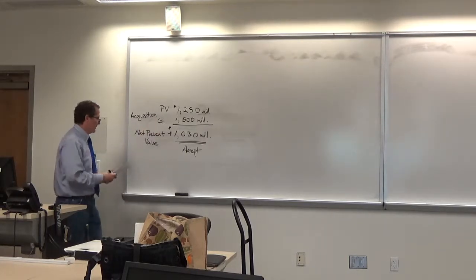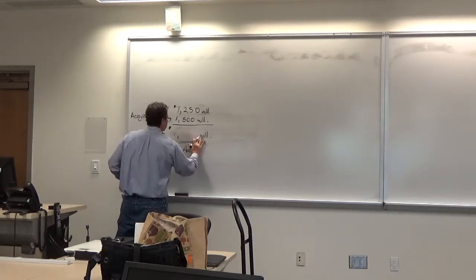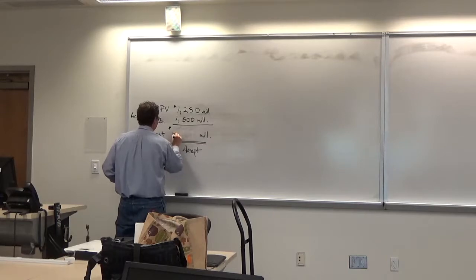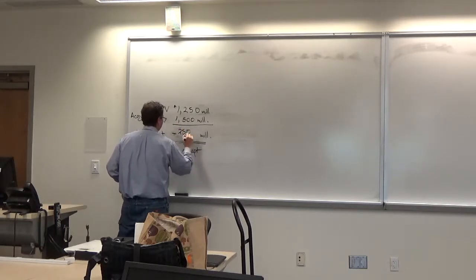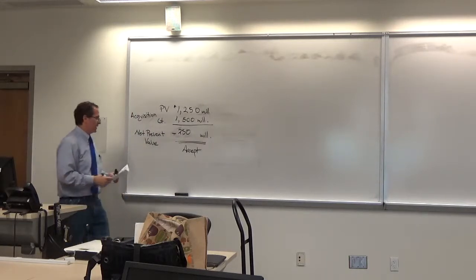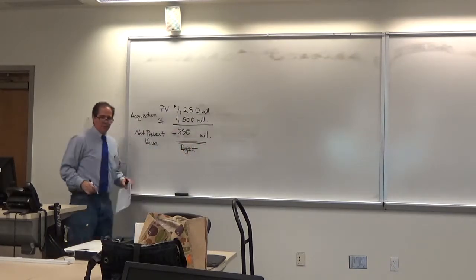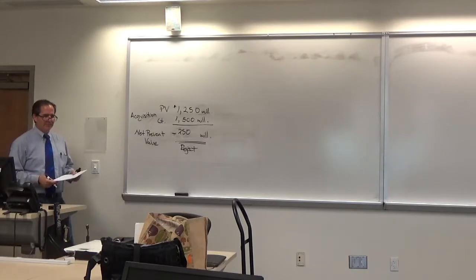So what's the net present value? Negative 250 million. Now, are you going to accept or reject it? Reject. You're going to reject it. Okay. What if we really want this company?